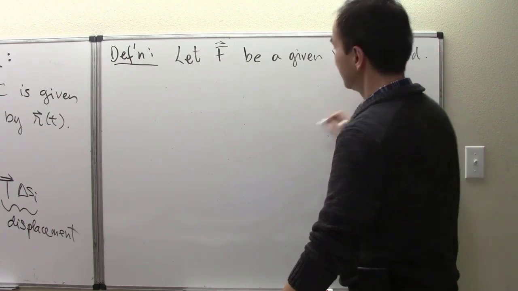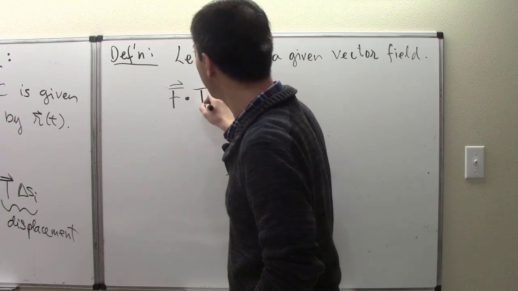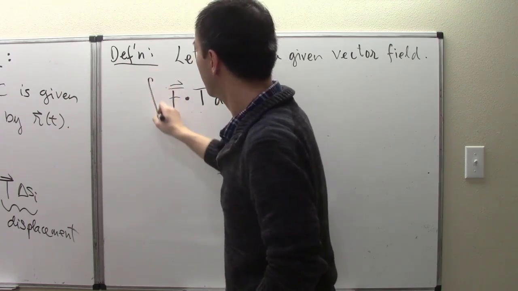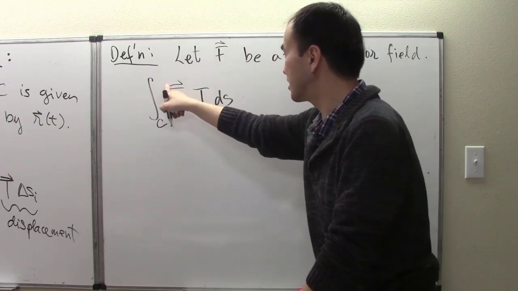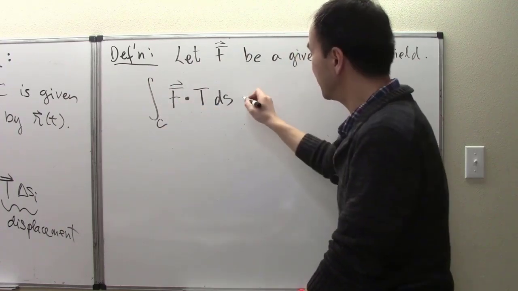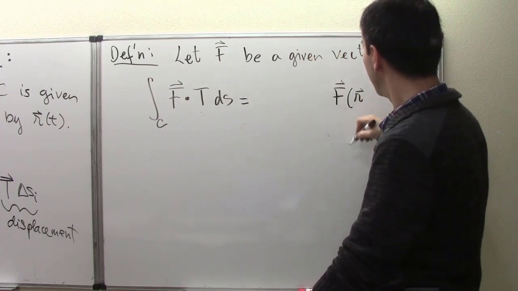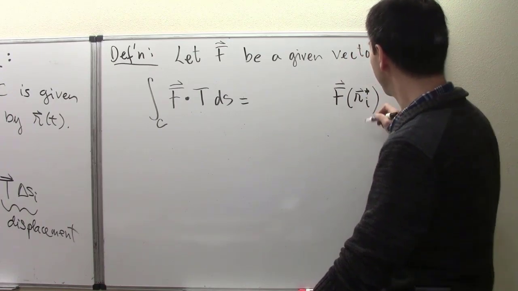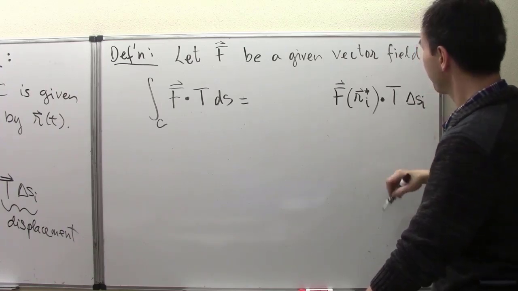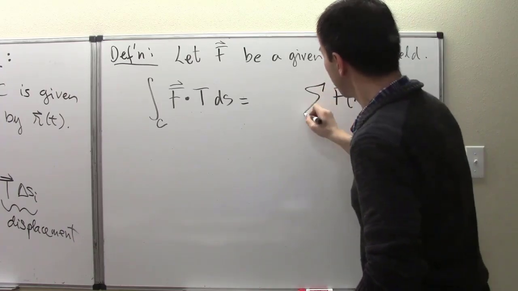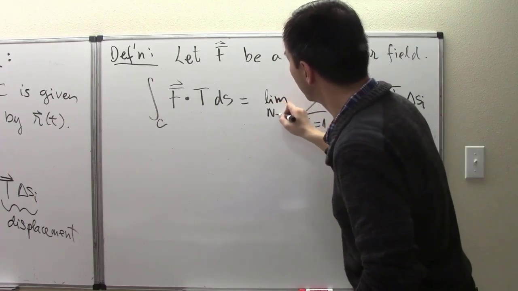Then the integral of F dot T ds, accumulating that along the space curve C, is defined to be F at r star i, in dot product with T times delta s i. We take the Riemann sum where i goes from 1 to n, and we take the limit as n goes to infinity.